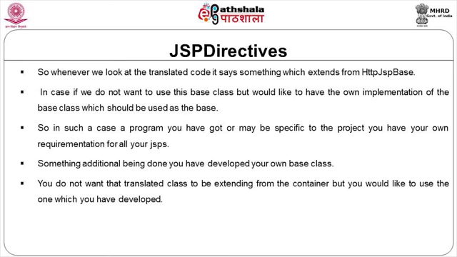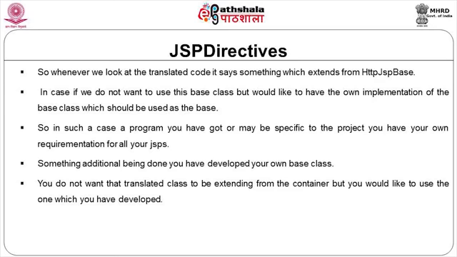So, we have a base class like this. Whenever you look at the translated code, it says I have this class which extends from HttpJspBase, which we get in case of Tomcat. Maybe, as an advanced level, you as a programmer do not want to use this base class, but would like to have your own implementation of the base class.